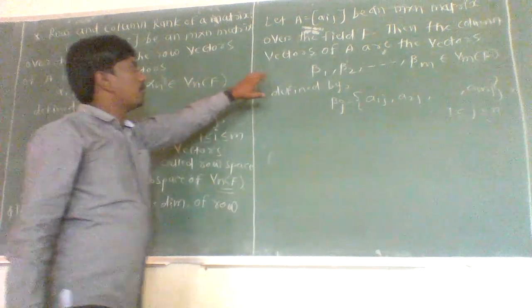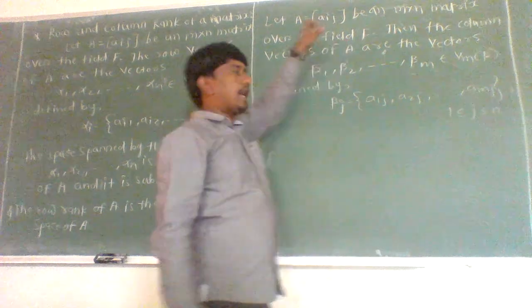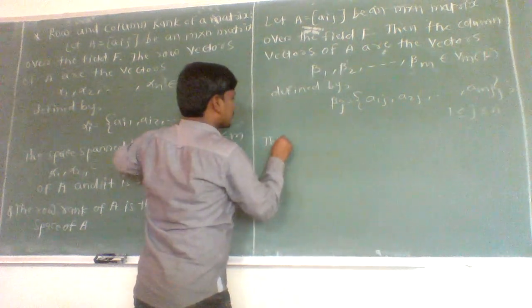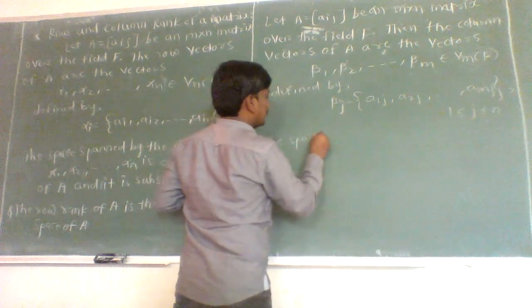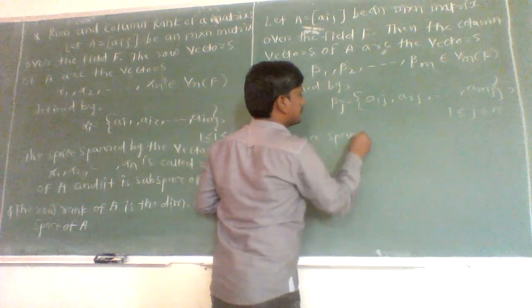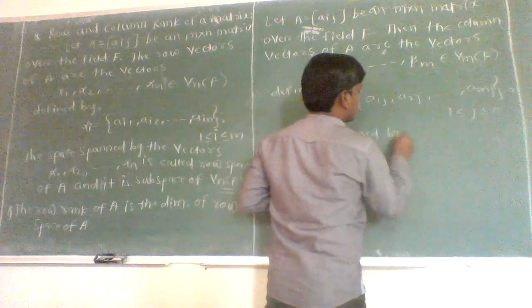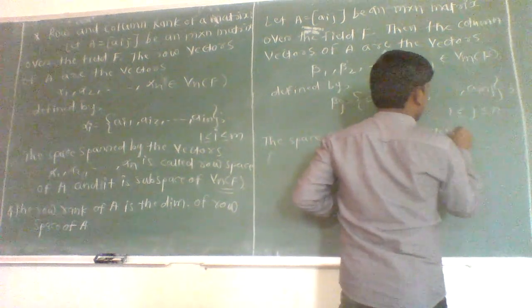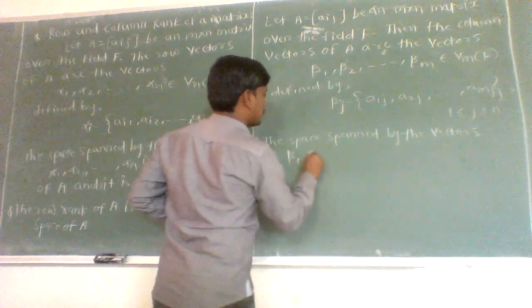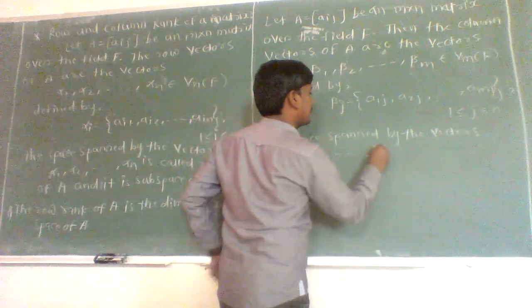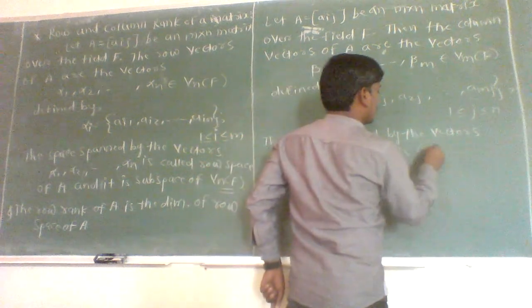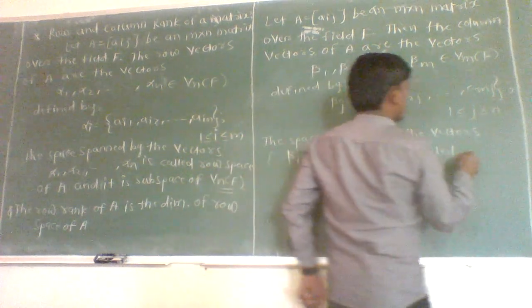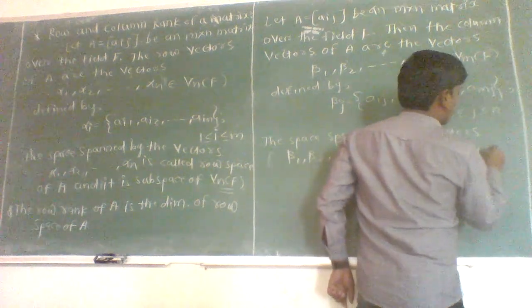These are the column vectors of the matrix A, and the space spanned by the vectors beta 1, beta 2, up to beta n is called the column space of A.